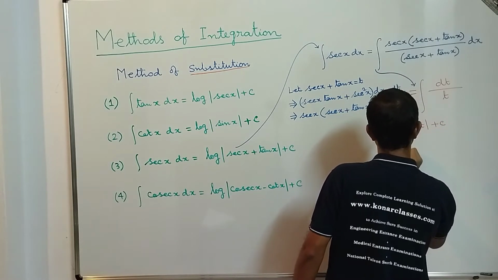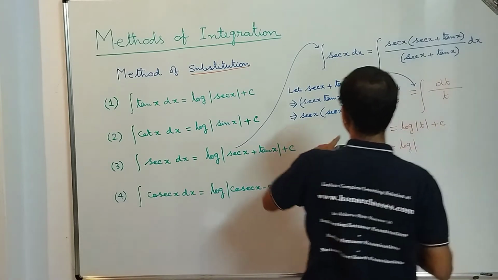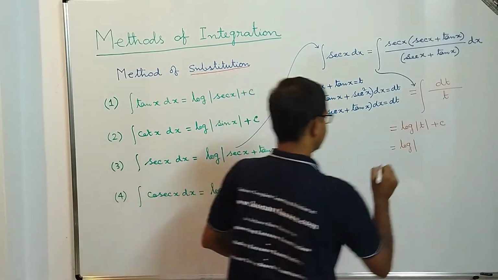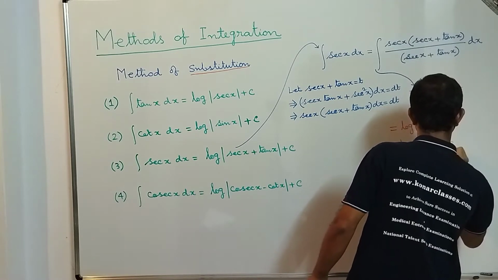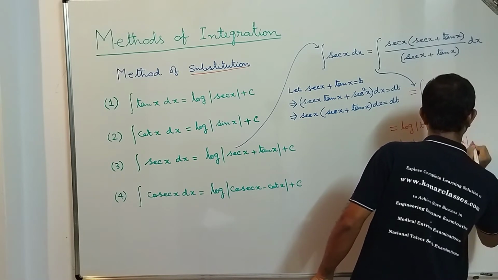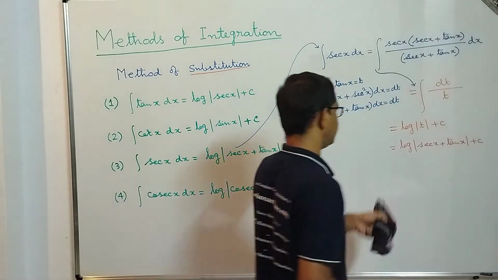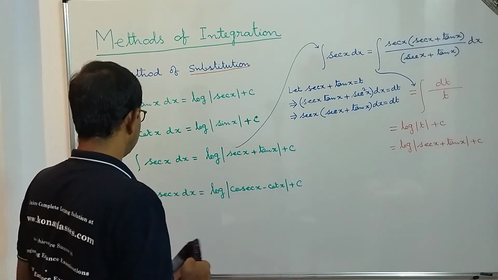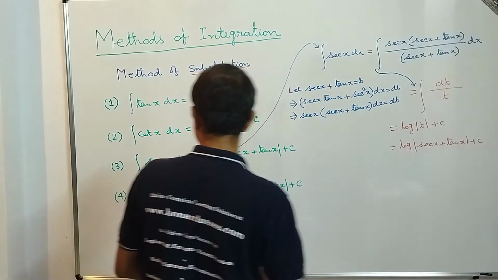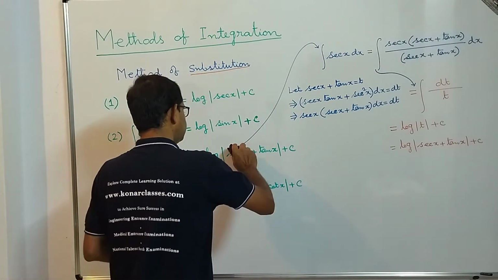And what is t? The value of t is sec x plus tan x. So log of mod (sec x plus tan x) plus c, and this is the value of the required integration.